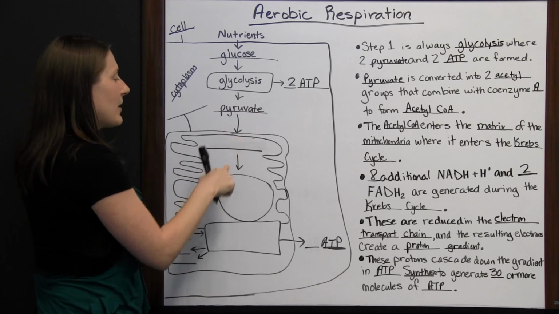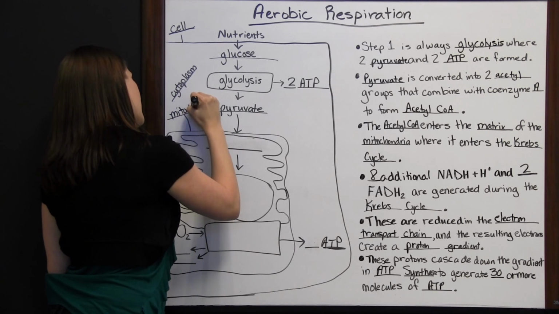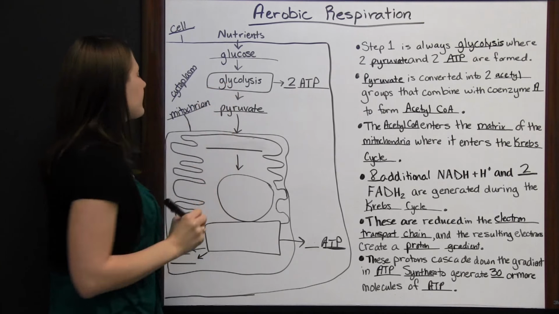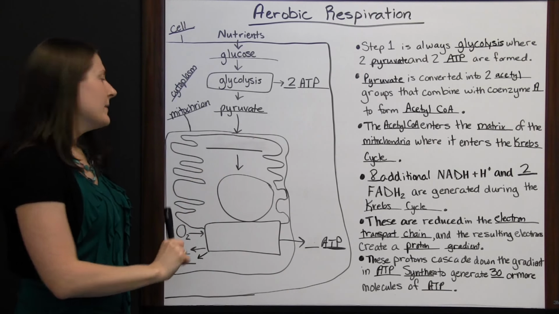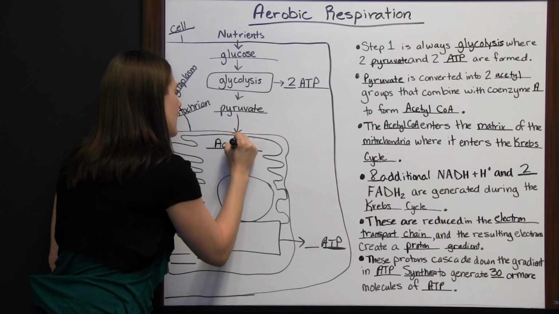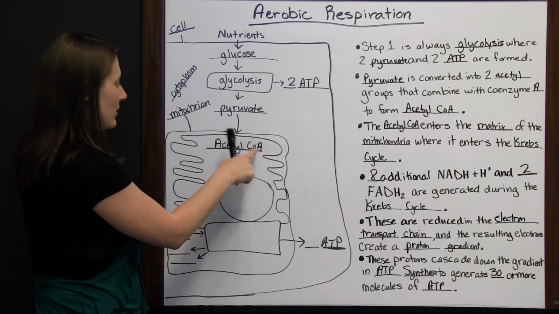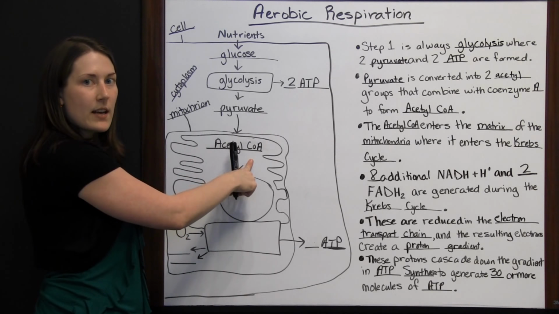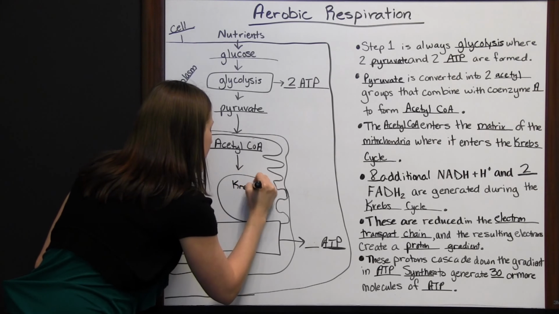But next, the pyruvate is going to go into the mitochondria. Singular mitochondrion. So it's just going in this one, and it's going to keep going, and the acetyl-CoA that we got from the pyruvate is going to go into the matrix of the mitochondria and enter the Krebs cycle.